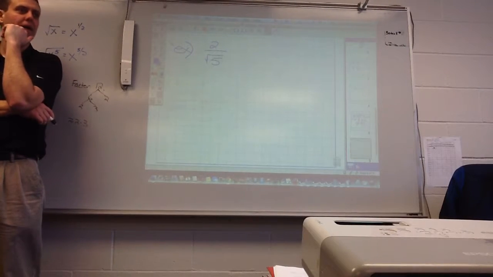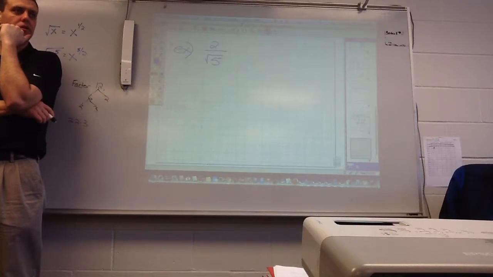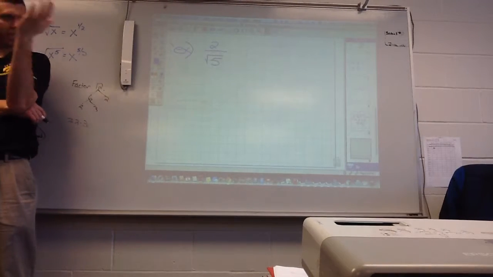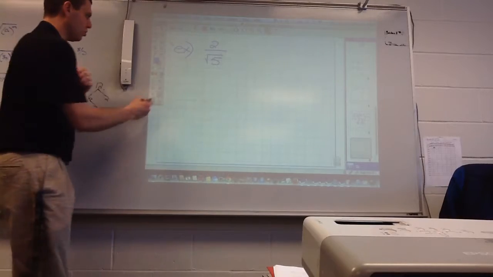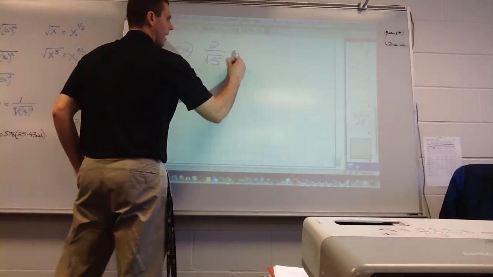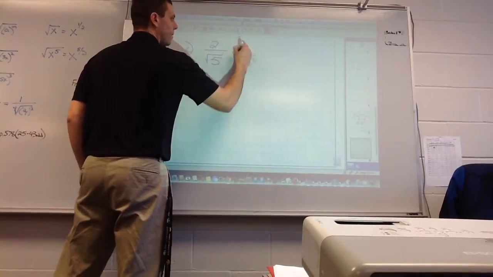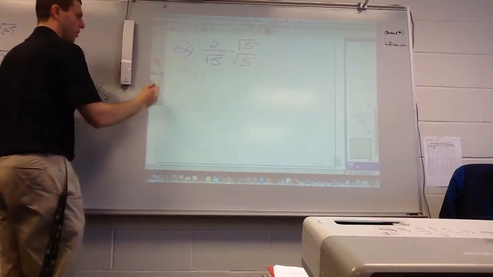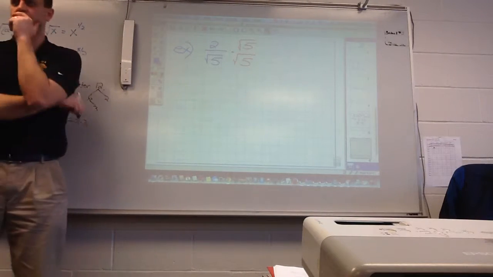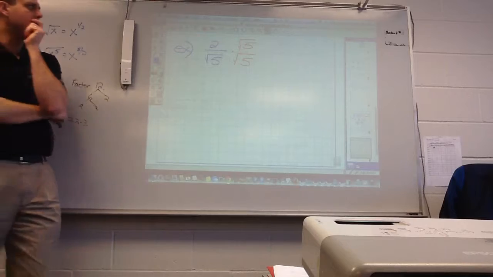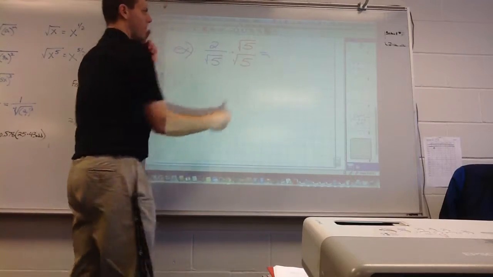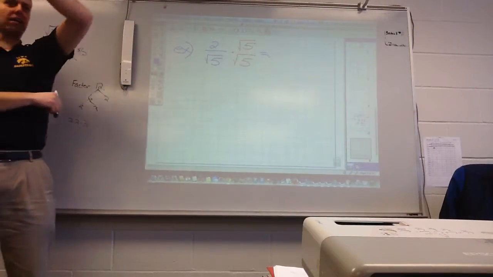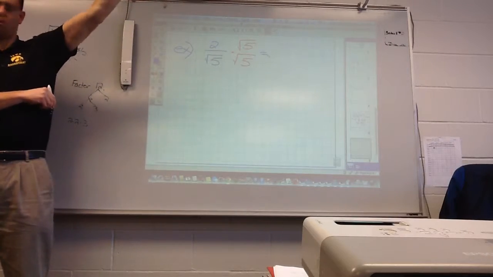So what are we going to do to get the radical out of the bottom? Multiply them both by, not 5, but square root of 5. Yep, I think that's what you meant. So I'm going to multiply the top and the bottom by the square root of 5. What do I get on the top? 2 square root of 5.